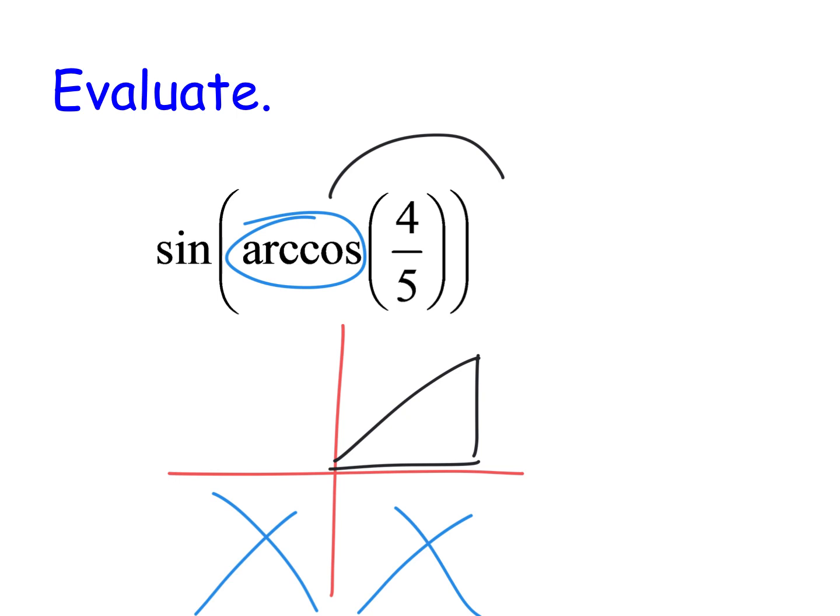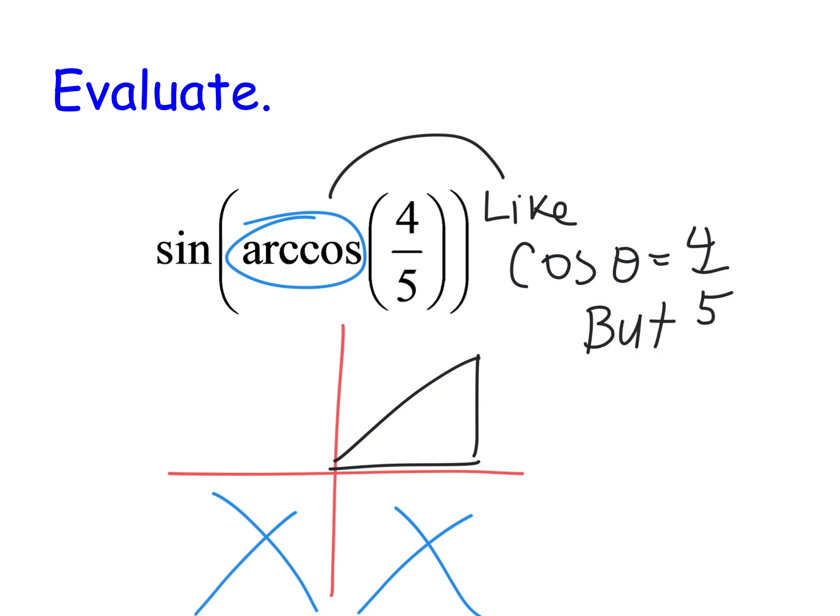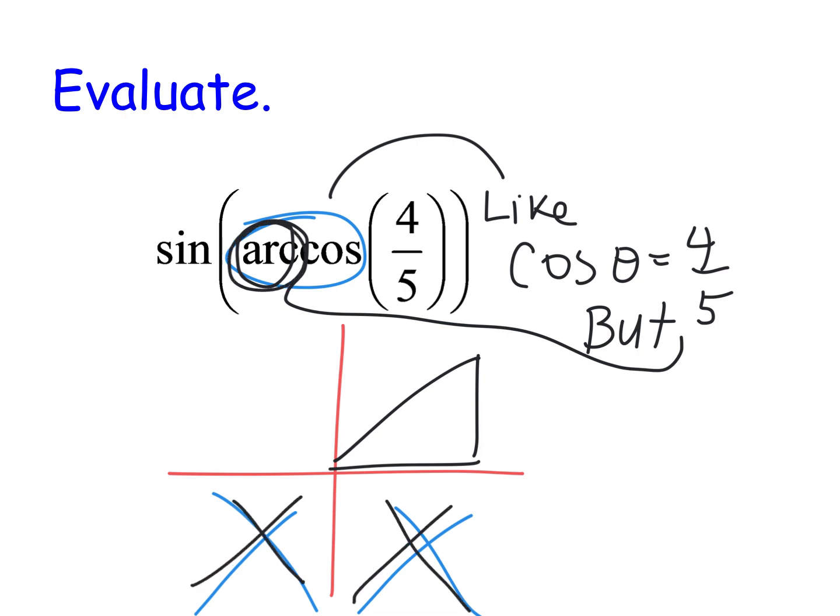I personally would have written cosine of theta equals 4/5, but that would have had 2 answers under normal trig. So I remind myself this is not normal trig, but there's restrictions, so that's why I had to cross off these, because that's the only places inverse cosine can be. And now it's positive, so it has to be there. And then adjacent over hypotenuse. This must be 3. 3, 4, 5. Yay. Am I done?